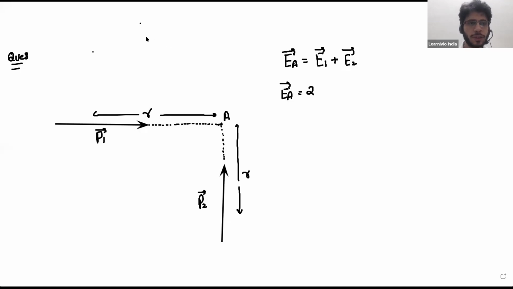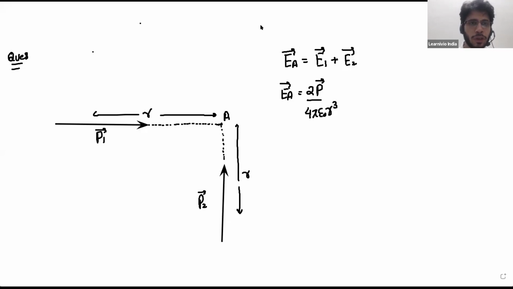The expression of electric field on the axial line of a dipole is P by 4 pi epsilon r cube. It's 2p, sorry: 2p over 4 pi epsilon naught r cube.